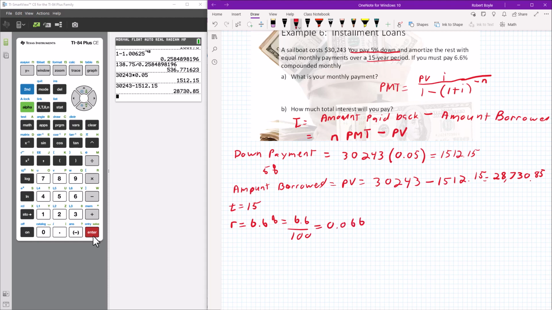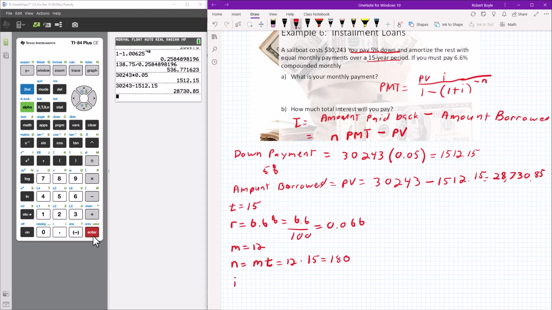And we're making monthly payments. That means that M is equal to 12. So N is going to be equal to M times T, which is 12 times 15, which is equal to 180. How do I know that? I've done a number of 15-year mortgages in my time.